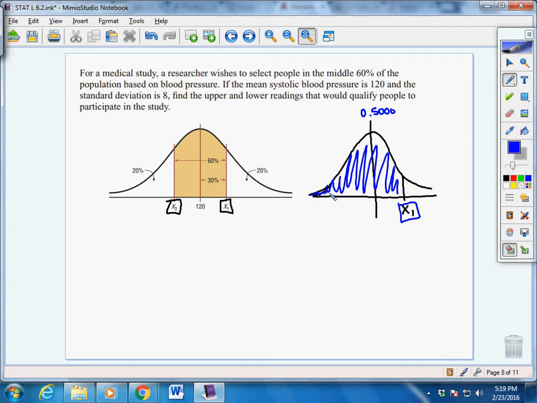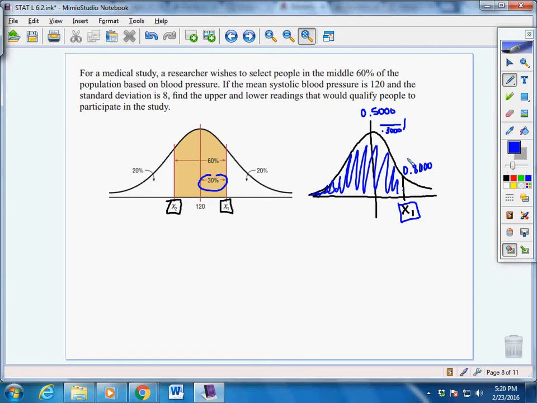50% of the data lies up until this line. To get to this point, we're adding on another 30%. So to get to this point right here, we want to know what 80% of the data is. And again, that's the tricky part when using the table.